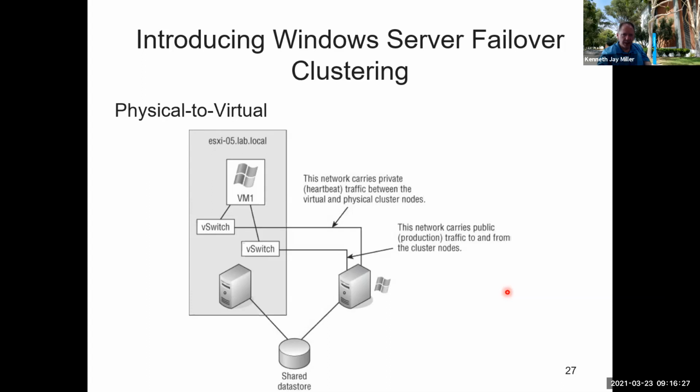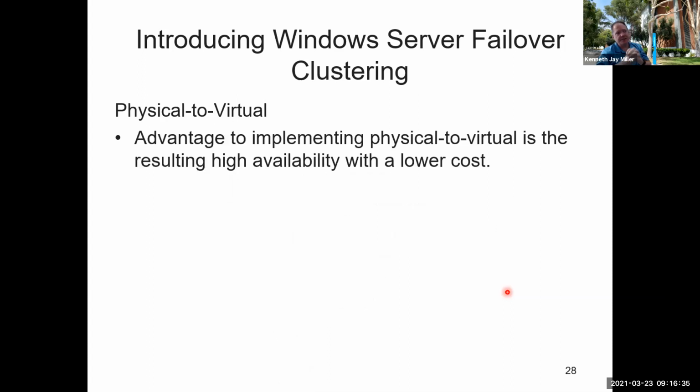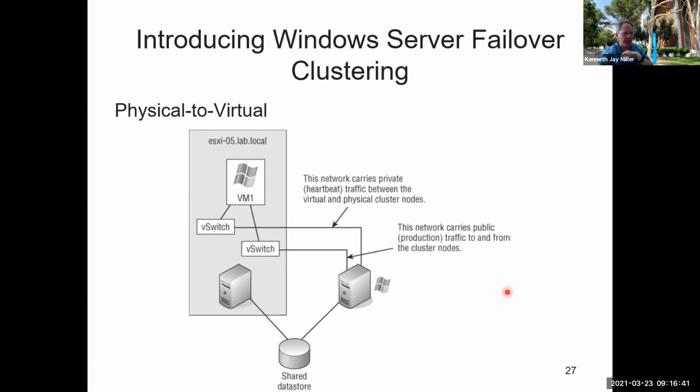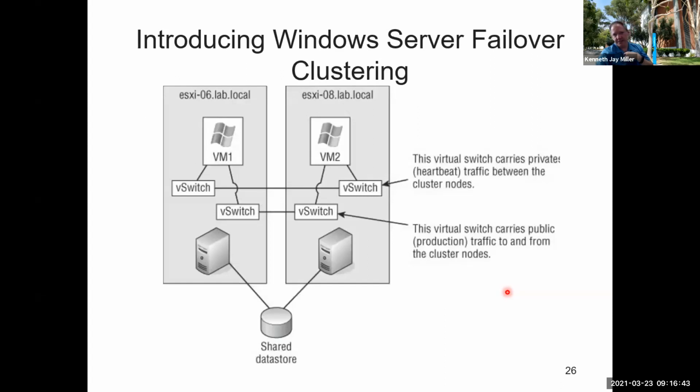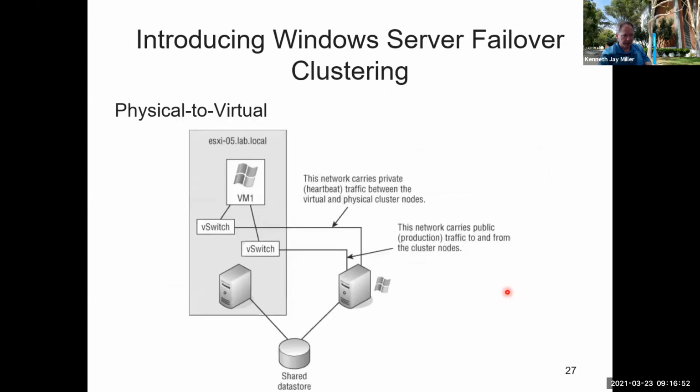The software, all of it is going to function exactly the same. Now, the advantage to implementing physical to virtual is the resulting high availability with a lower cost. So you don't have to pay for the licensing to have two ESXi or the functionality of the ability to do that.